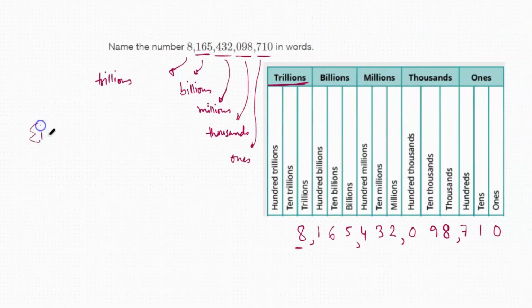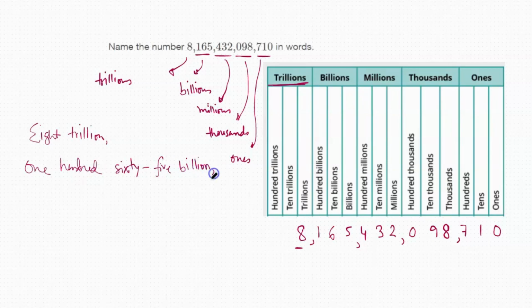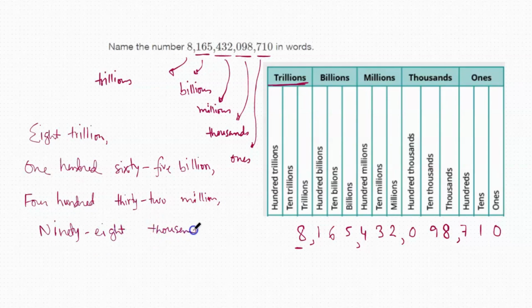We have 8 trillion, 165 billion, 432 million, 98 thousand, and the last group is 710, and that's in the ones period.